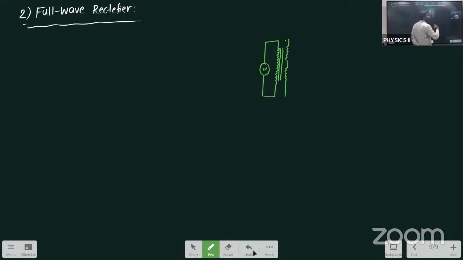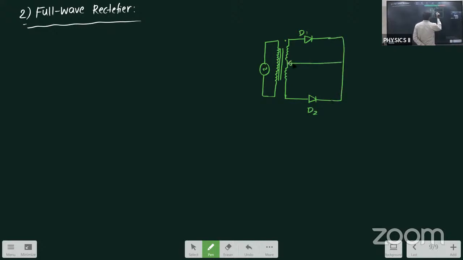So here in half wave rectifier, we have utilized only one diode. Here we'll be using two PN junction diodes. Here I'm writing this one as diode D1. I'm having one more diode, and this diode I'm writing as D2. Finally, I will be using a special type of transformer.